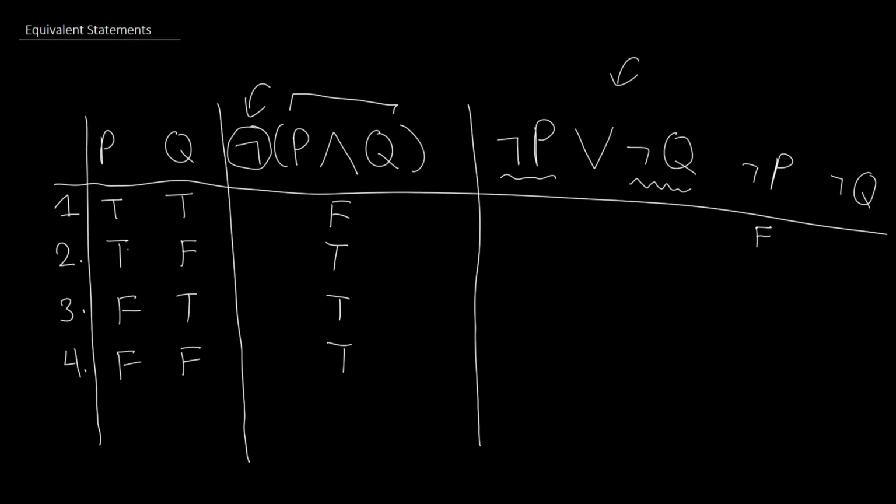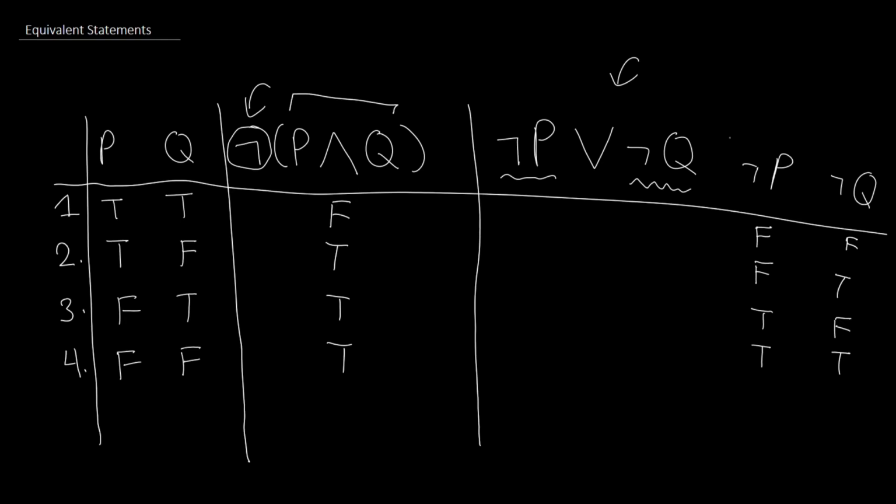And same deal, we just flip all of these around and everything should just make logical sense. So whenever P is true, we have to flip that around. And whenever P is false, we also have to flip that around to turn it into a true statement. And same thing for Q, we have F, T, F, and T.